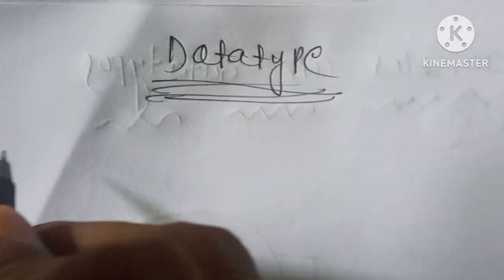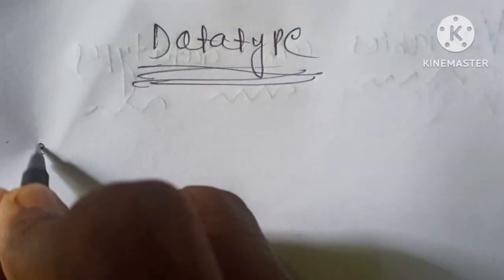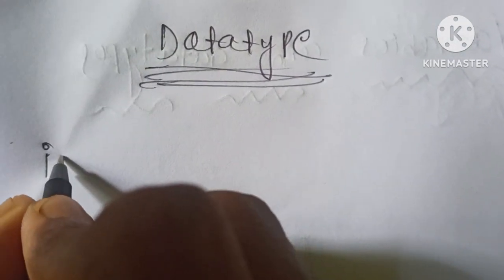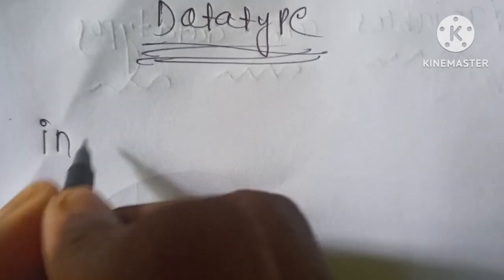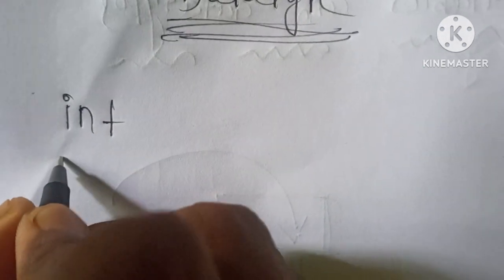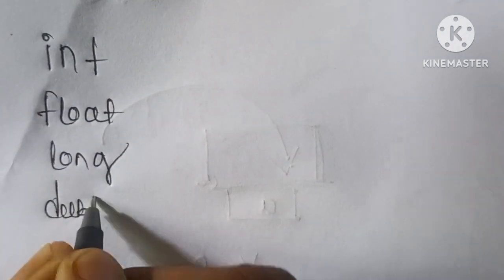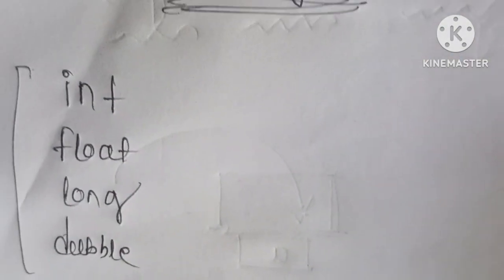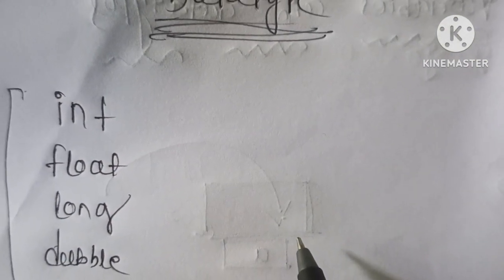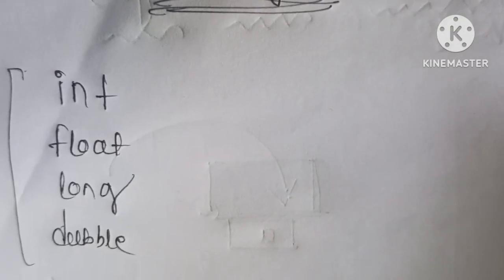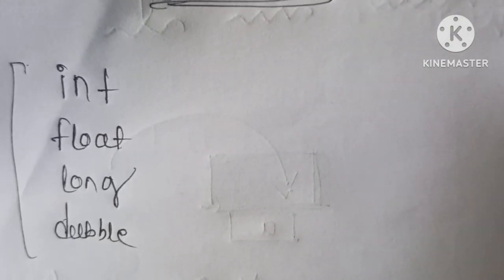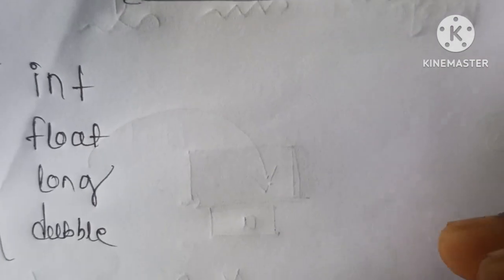Let us assume for data type, there are mainly int, then float, then long, then double. Okay, these are the main important data types. So data type means it tells us what data will be stored in that variable.